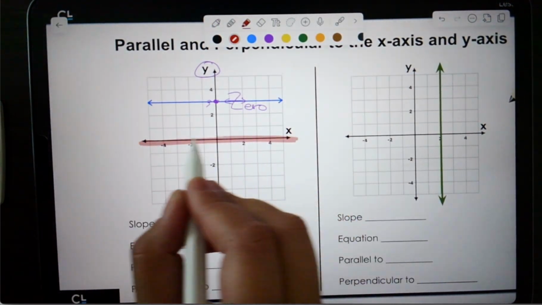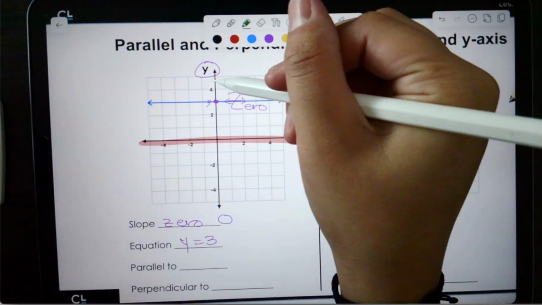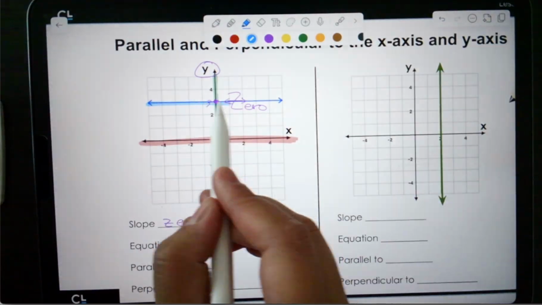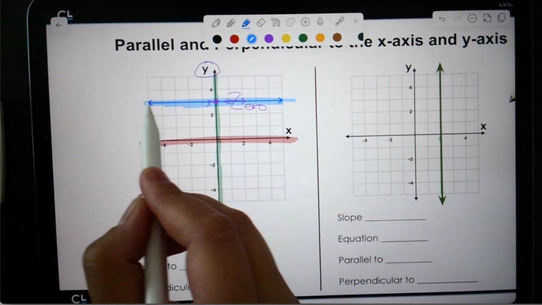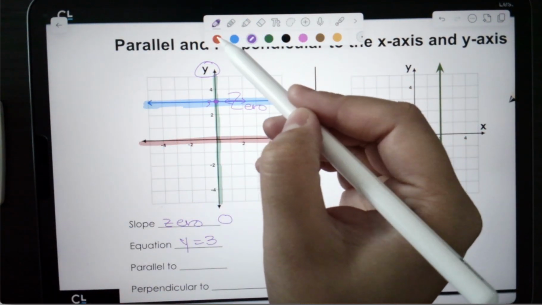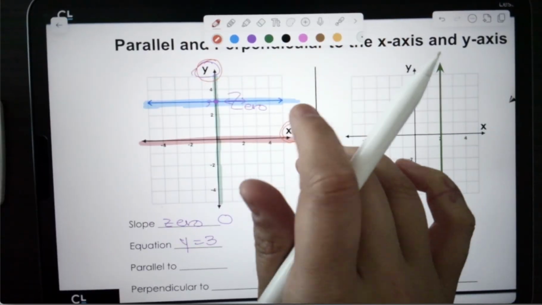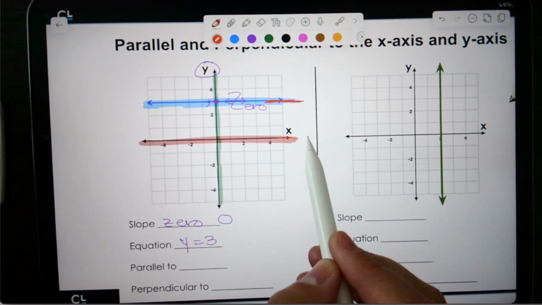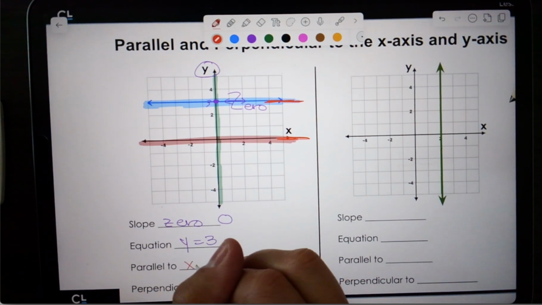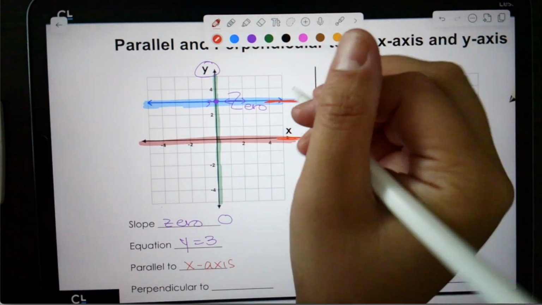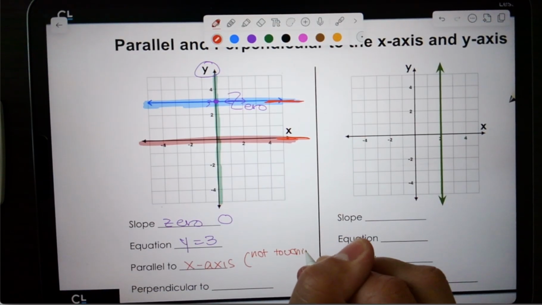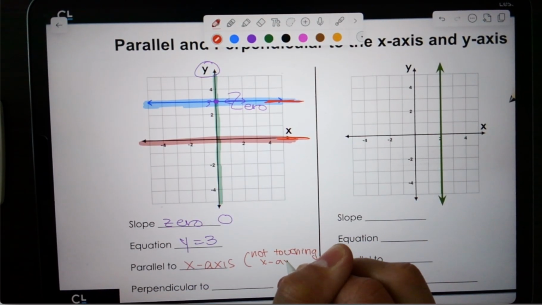We're going to say x-axis is red, and my y-axis is green. Okay? My blue line right here is not touching the x-axis. It is parallel. The line is parallel to the x-axis. Parallel to the x-axis, not touching x-axis.